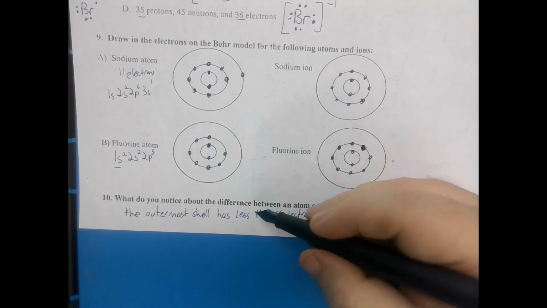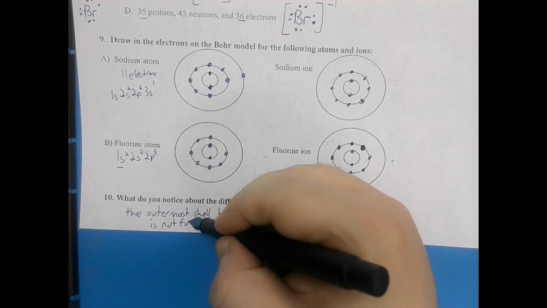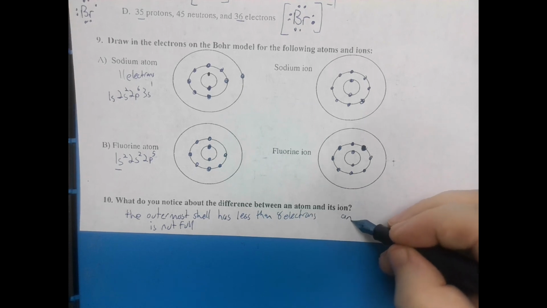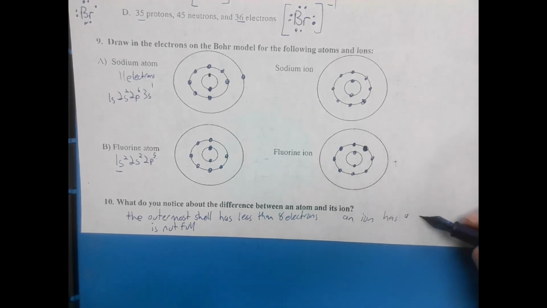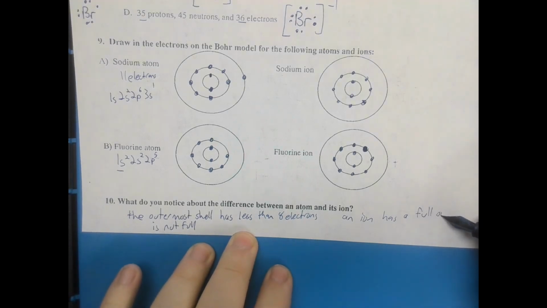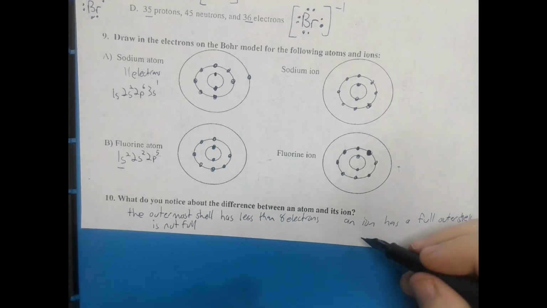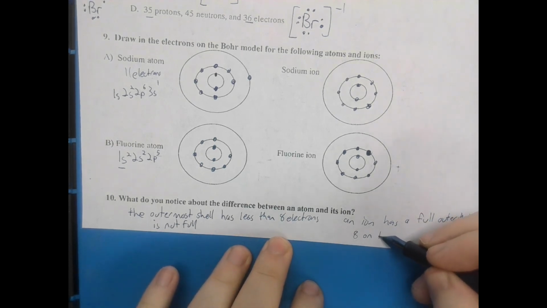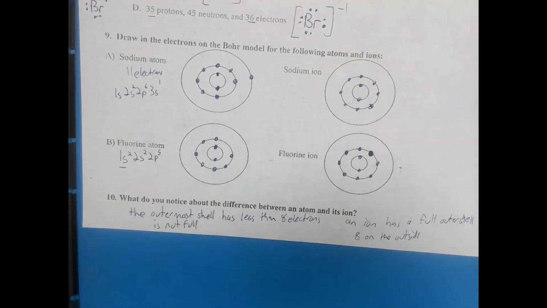More accurately, the outermost shell is not full, because remember there's an exception, helium. And an ion has a full outer shell, or has 8 on the outside, with the exception of the innermost energy level being full when it's 2.